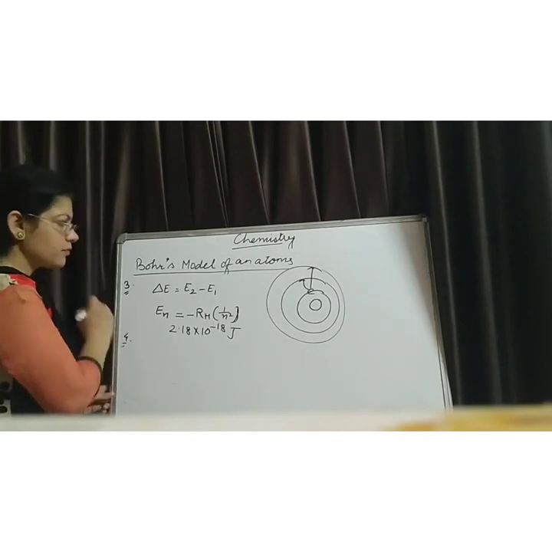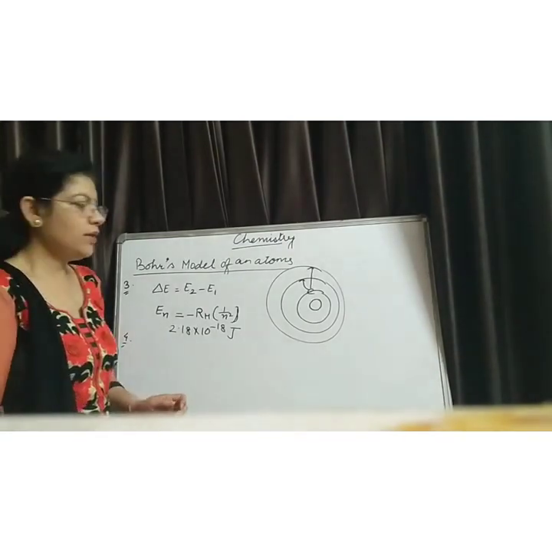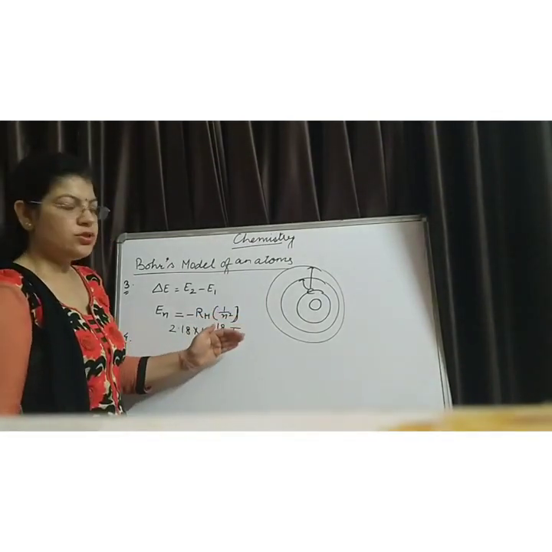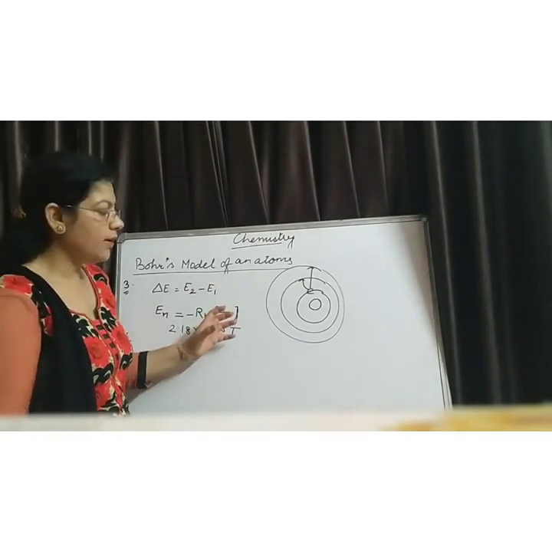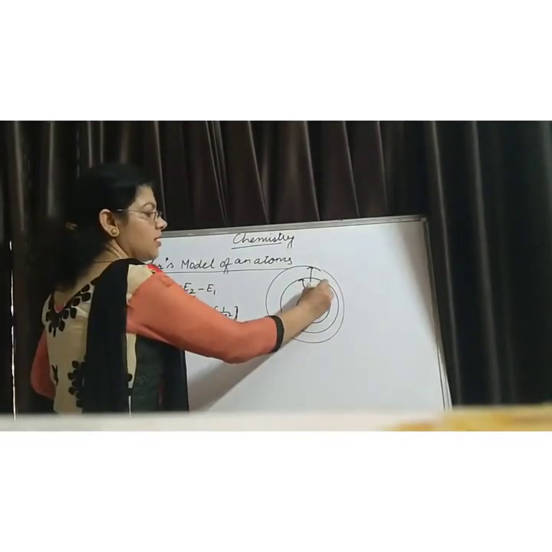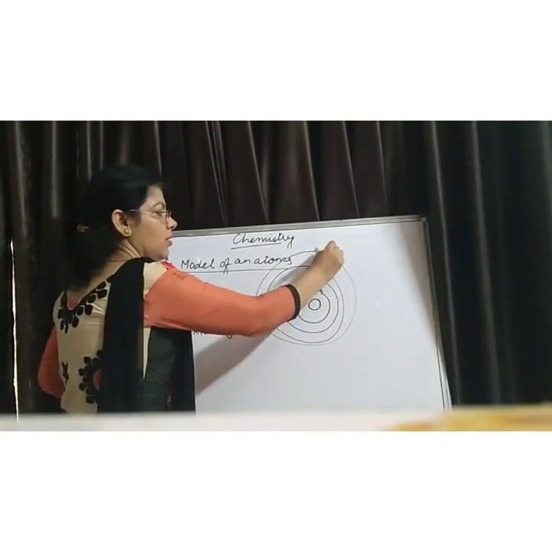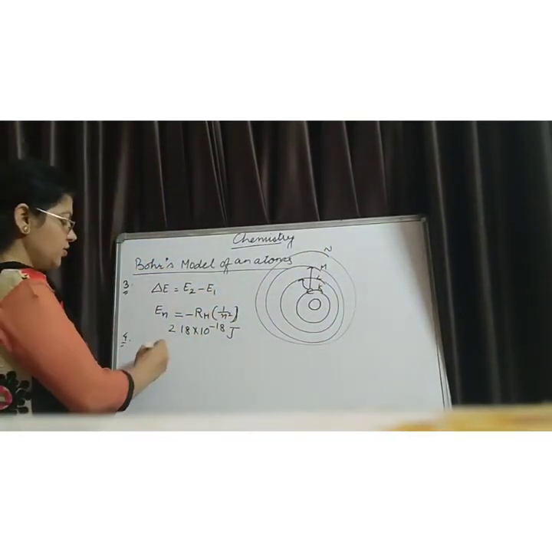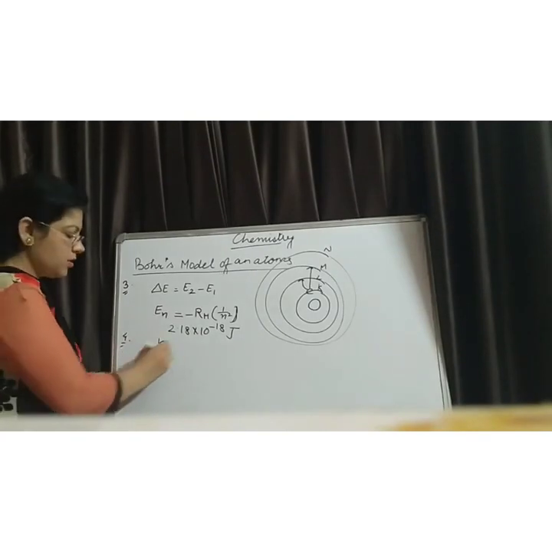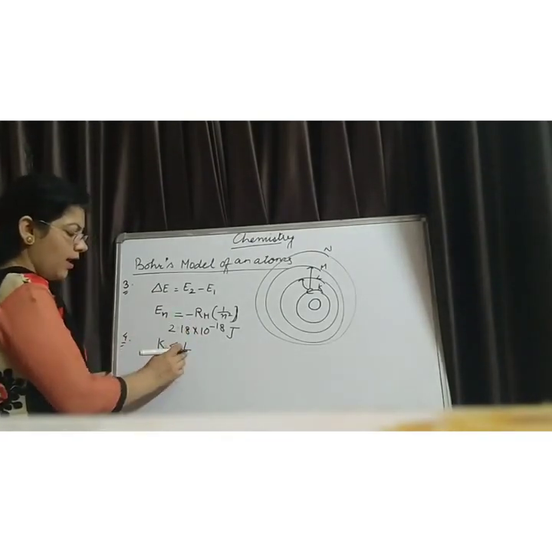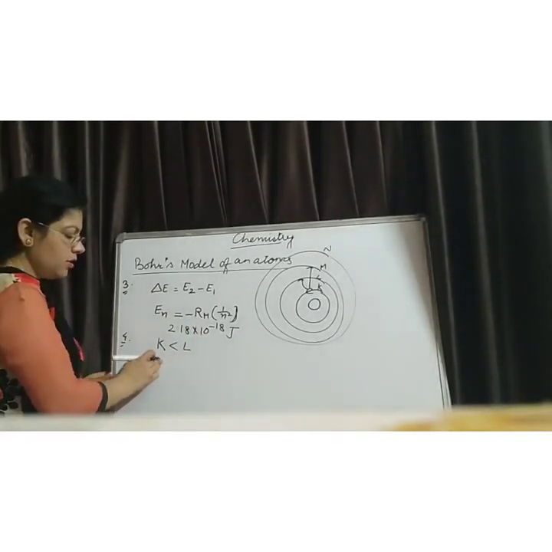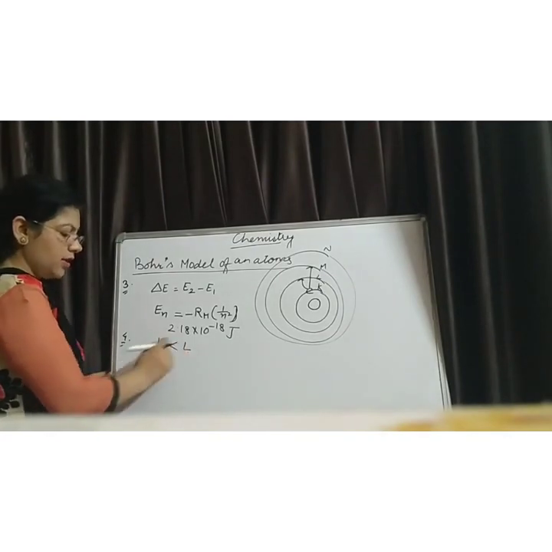Next point, Bohr arranged the different shells in increasing order of energy. This means the K shell has the minimum energy, and the L shell has greater energy than the K shell.